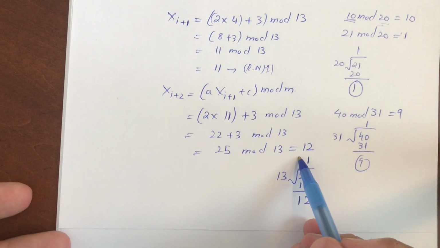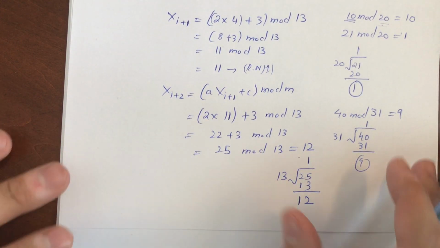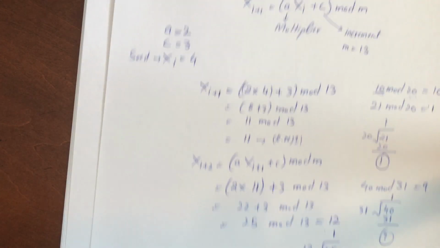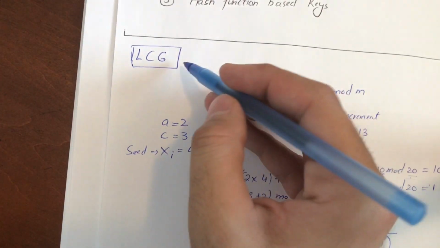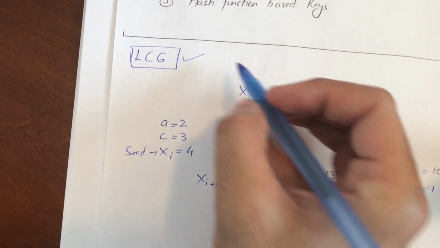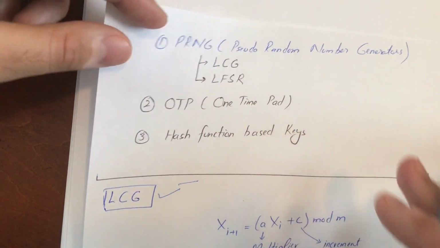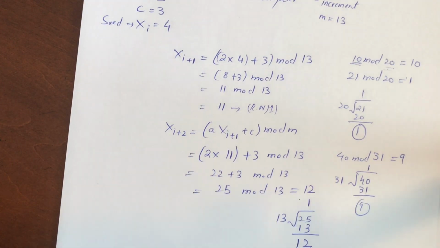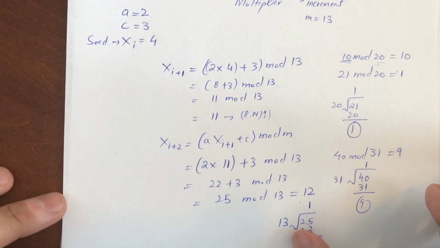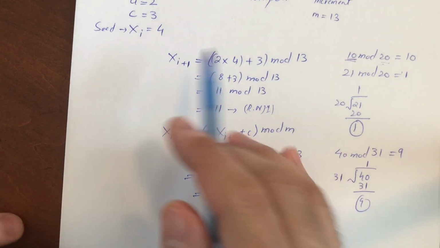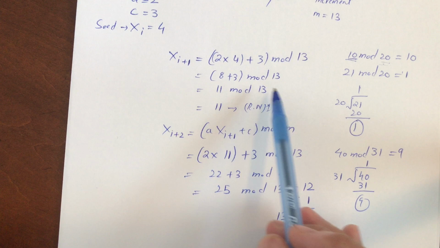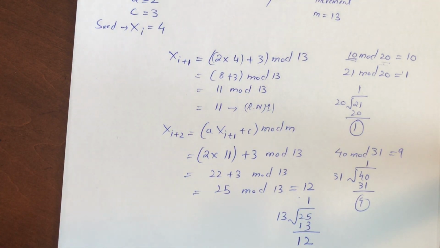Then we will use this one, and this process will keep on repeating. This method is called the linear congruential method, and it is one of the methods of pseudo random number generation. This is how two parties can generate the same random numbers. Sender and receiver both will have the same generator, same formula, and same seed initially, and then they will keep on generating the same keys again and again.